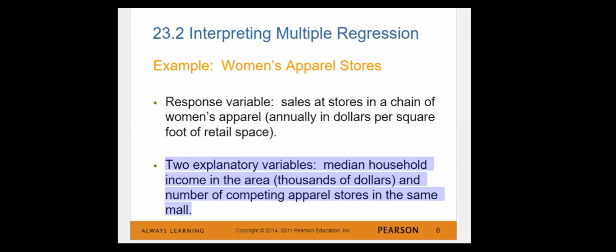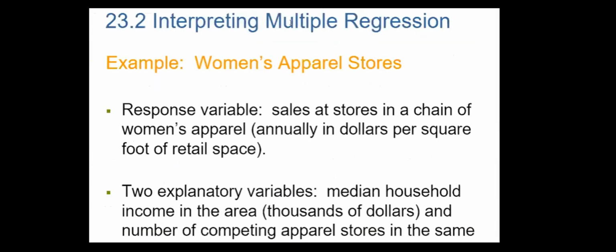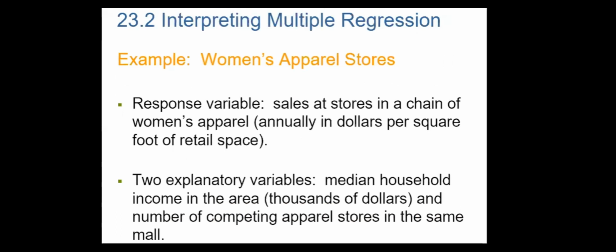So to make sure that we understand this example well, I'm sharing the data with you. To find the data, all you have to do is go to Canvas, go to Files, go to your data folder and find 23, the MOL data.